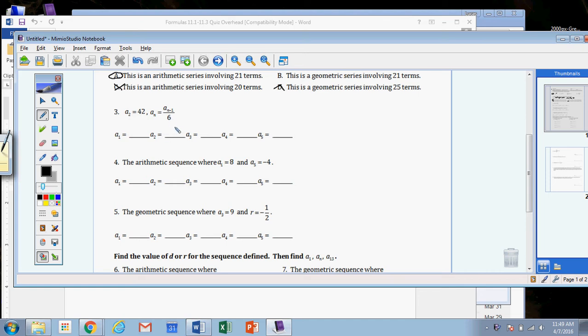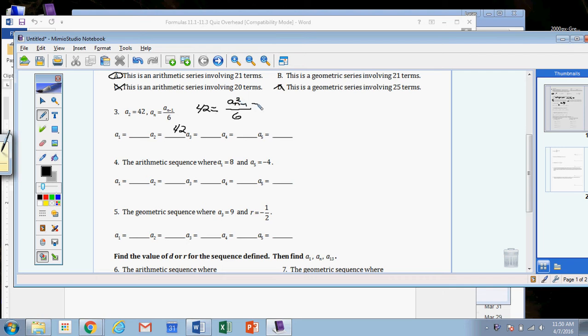The second term we are given is 42. Right? Well, in order to figure out the first term, we can just say 42 equals a sub n minus 1 all over 6. Right? So I can say that my second value is going to equal this, but n in this case is 2, right?